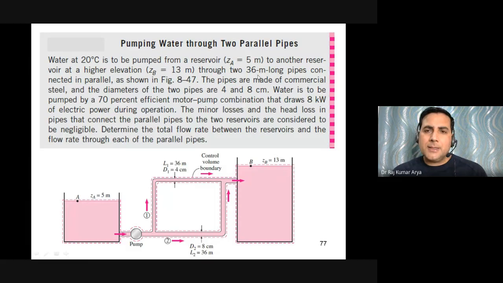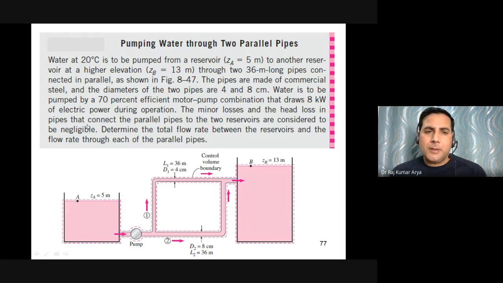through a 36-meter long pipe connected in parallel. So this is one pipe, whose length is 36 meter. This is another pipe, which is also a length of 36 meter. Now these pipes have two different diameters, 4 centimeters and 8 centimeters.